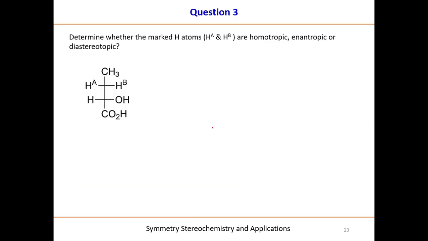Now let's talk about this one. Here again we have HA and HB on the same carbon atom. So we will replace one hydrogen by any halogen atom, and we will see the topicity of the molecule. Here, then H, and this is X, halogen atom X. Then hydrogen here.